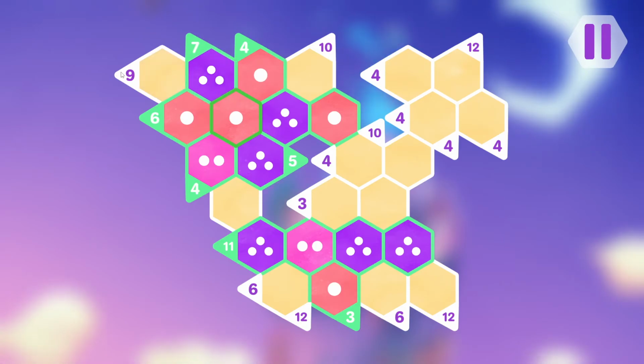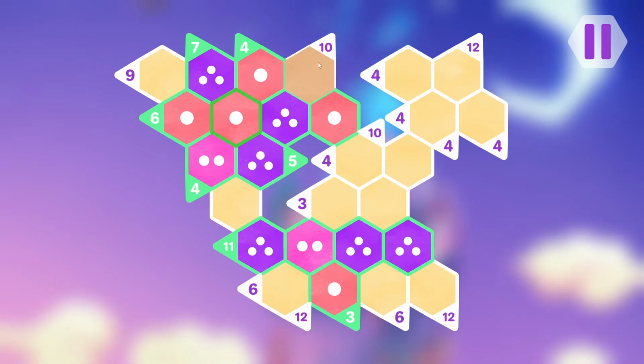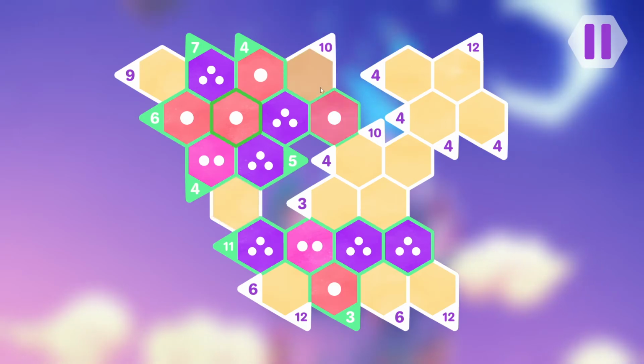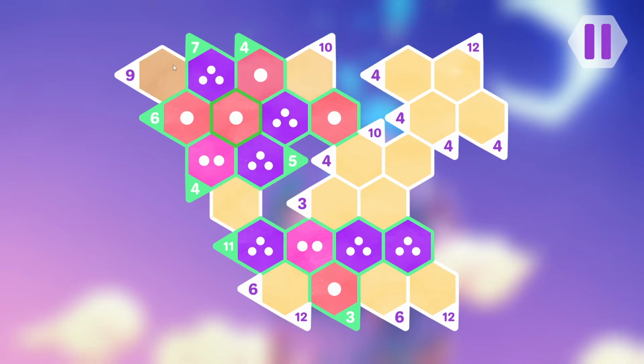So we have 9 here and 4 already filled, so we have 5 for those 2 cells. So this is at least 2. So this one is at most 2. Okay, so this plus this equals 4. And this plus this equals 5. So this one is greater than this one by 1.